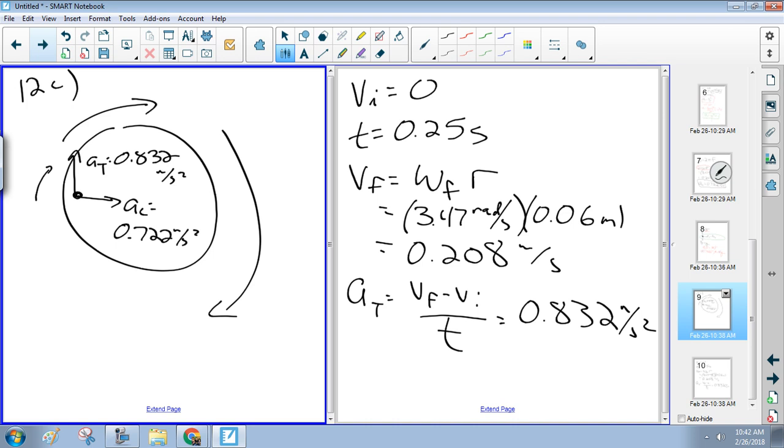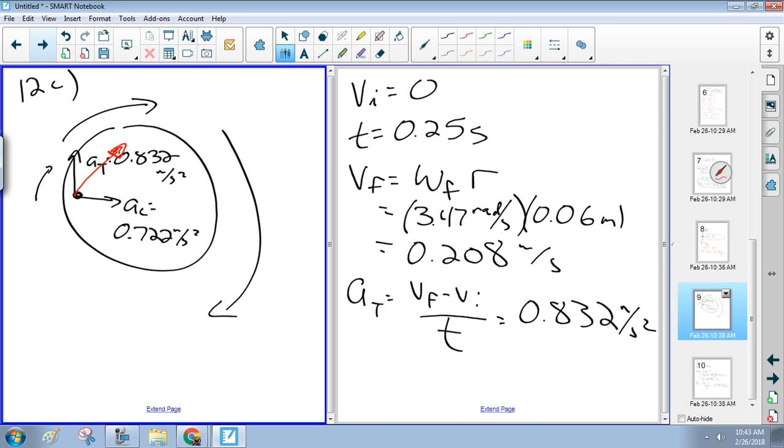No, it's still linear acceleration because your units are still going to be meters per second squared. So the idea is, at this instant, there has to be an acceleration upwards to make it speed up, and an acceleration inwards to cause it to change direction. So this is my overall linear acceleration. Does that make sense, you guys?